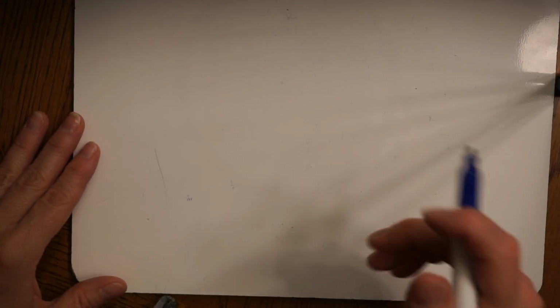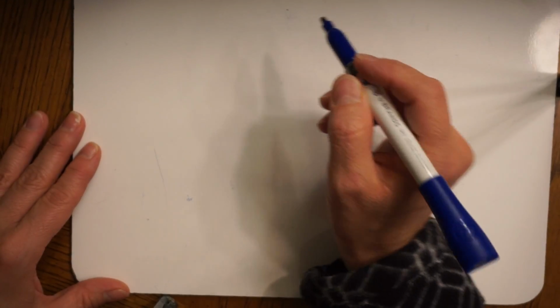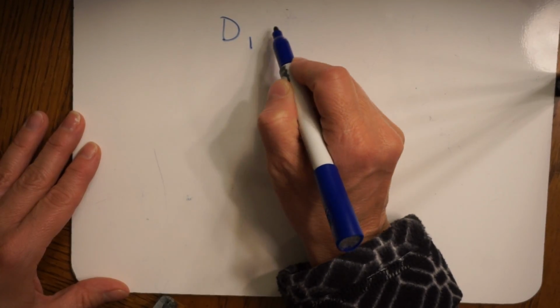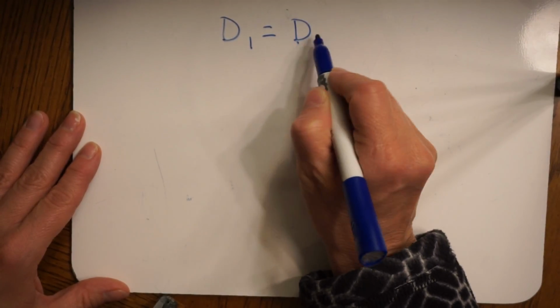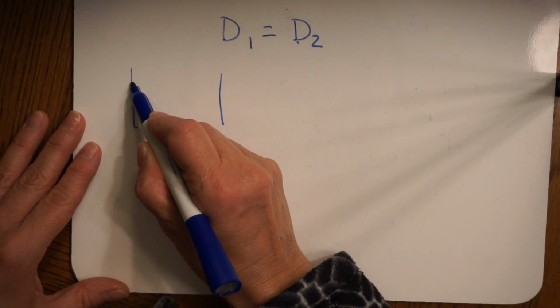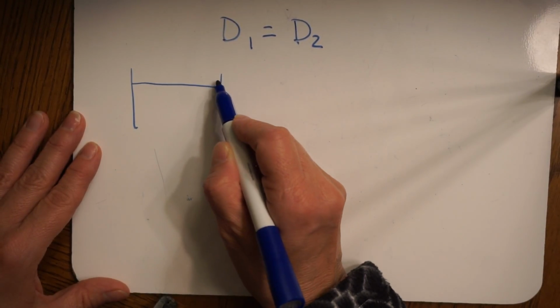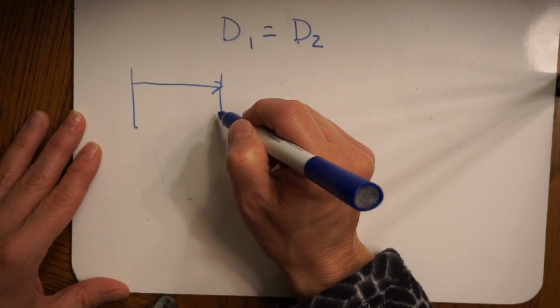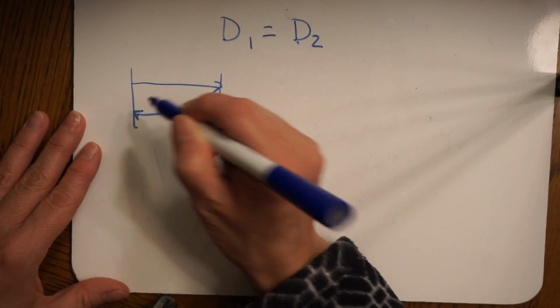And with these uniform motion problems, distance 1 for something is always going to equal distance 2. So our main equation is going to be this. Distance 1 is equal to distance 2. And that could be a problem such as somebody starts off and they're riding their bike and they go a certain distance and then their bike breaks down and they have to walk back home.